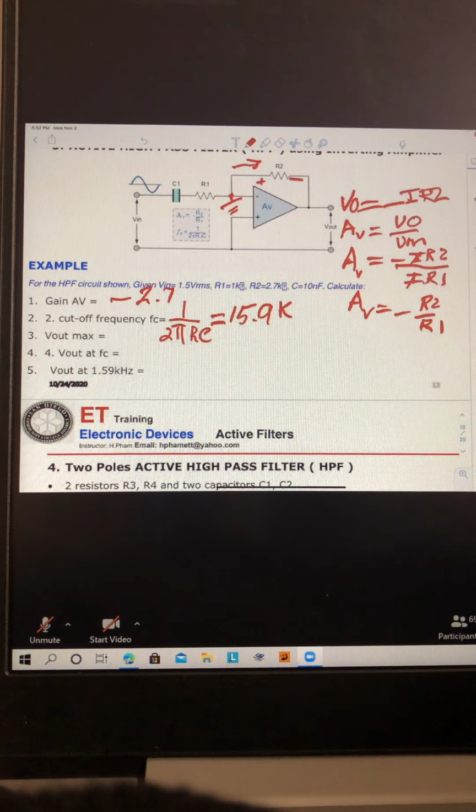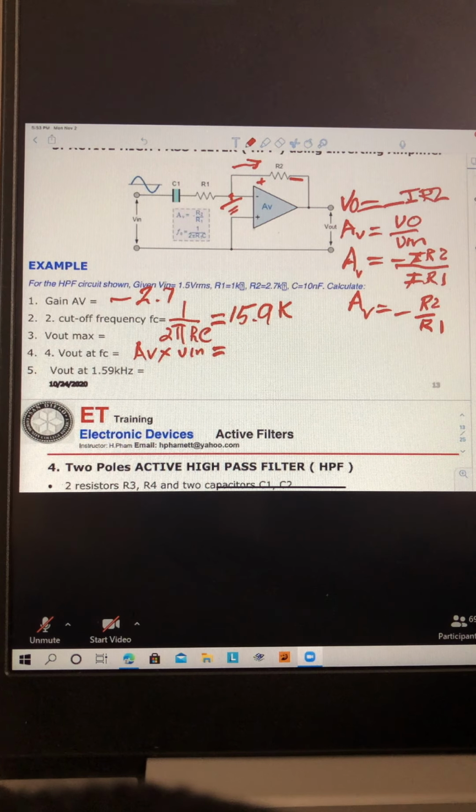What is the V out max? 4.05. If you want to calculate, you can take the gain times the sine wave. The gain is equal to minus, however, that applies for DC.